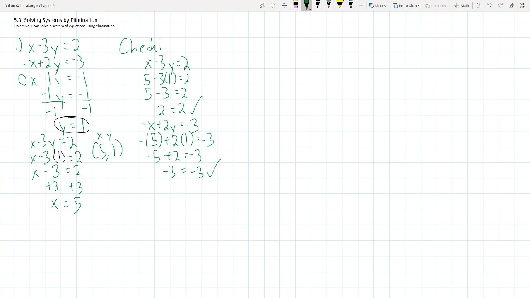Now, if you didn't see that, that's totally fine. Like I said, you can always use substitution. You don't necessarily need to write this part down, but it's good to see that you can actually use both methods. If I was looking at this, I'd say I could get x by itself really easily up on the top. So x minus 3y equals 2.